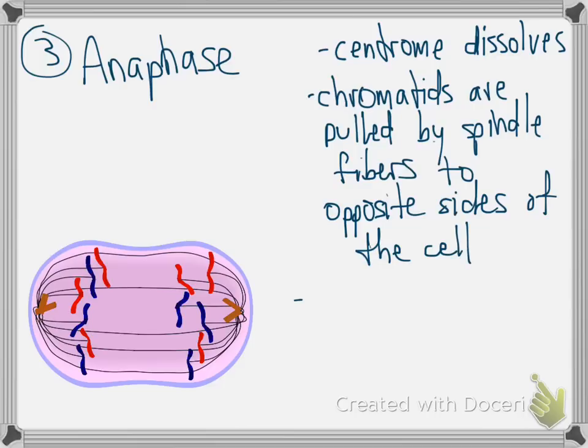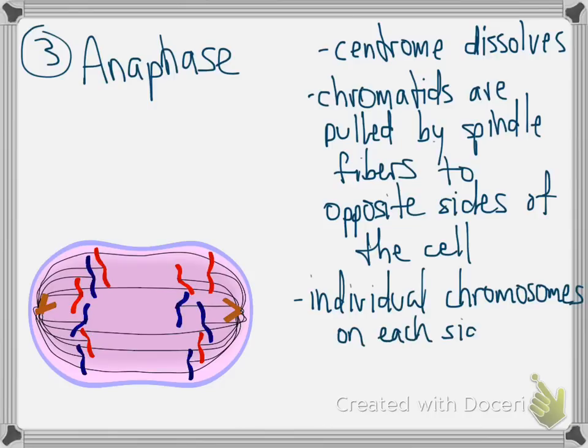Those centrioles are kind of like magnets, where they attract and pull the chromatids towards the opposite sides. The last thing you'll notice is that now we have individual separate chromosomes on each side. If we count them, you'll notice that we have 6 on the right and 6 on the left, 3 blue and 3 red.